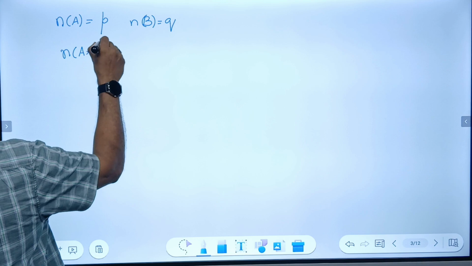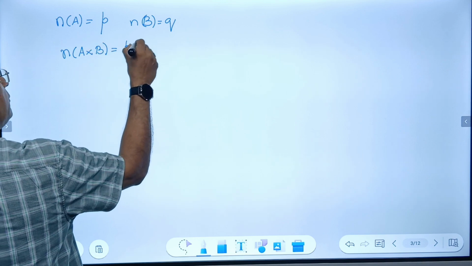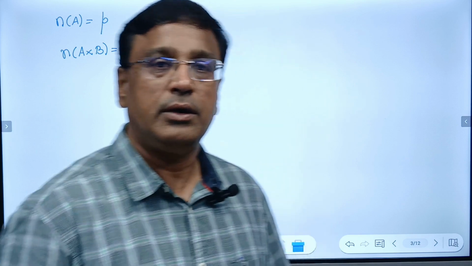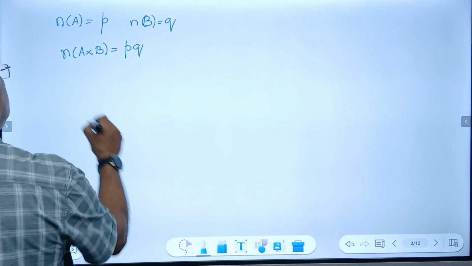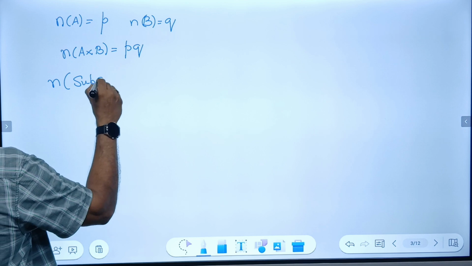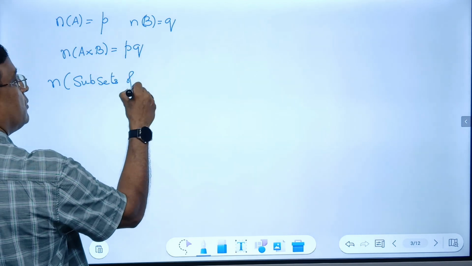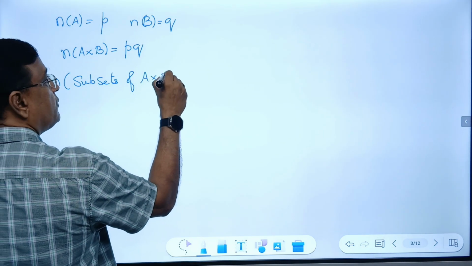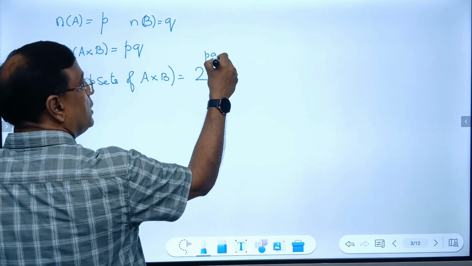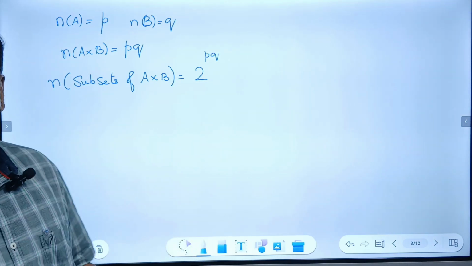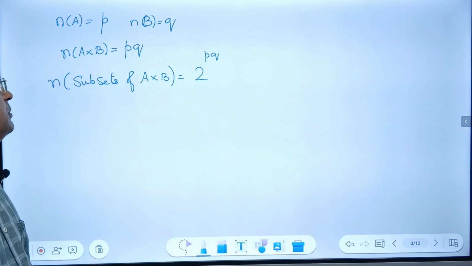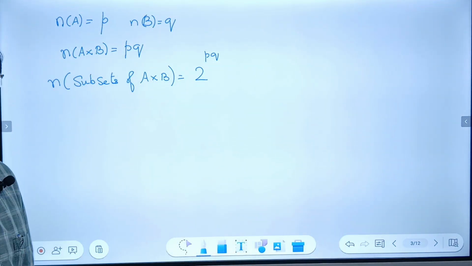The number of elements in A cross B will be the number of elements in A into the number of elements in B. Correct? Now, what is the number of subsets of A cross B? The number of subsets of A cross B will be 2 power PQ. You know this formula. If a set has n elements, the number of subsets will be 2 power n. So if A cross B has PQ elements, the number of subsets of A cross B will be 2 power PQ.